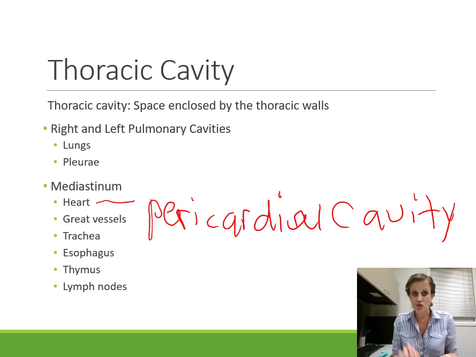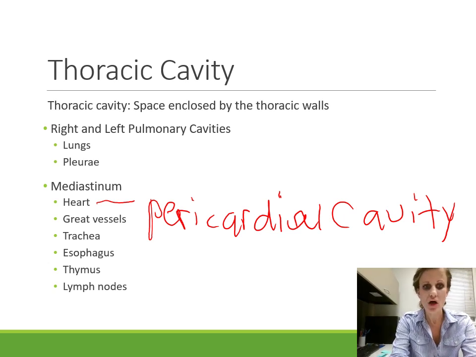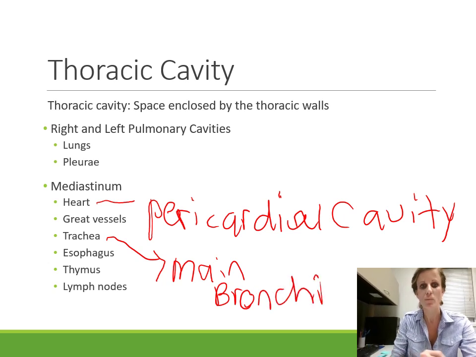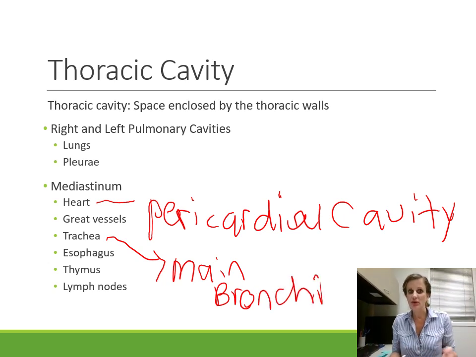We also see the trachea, and we'll also see where the trachea splits into the main bronchi. The esophagus is present, passing through the mediastinum and then eventually down into the abdominal cavity. We see the thymus present, part of the lymphatic system, and then also lymph nodes and lymphatic vessels.